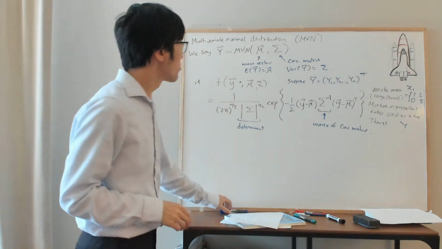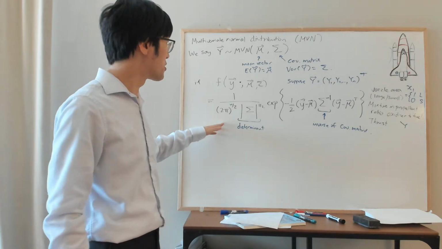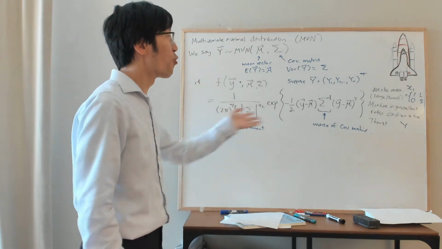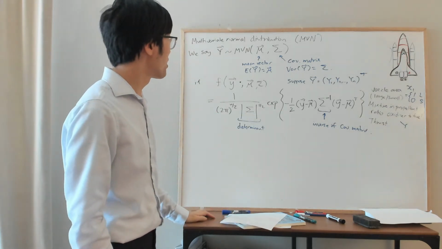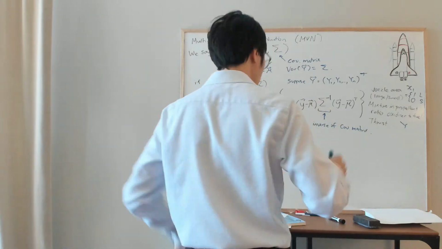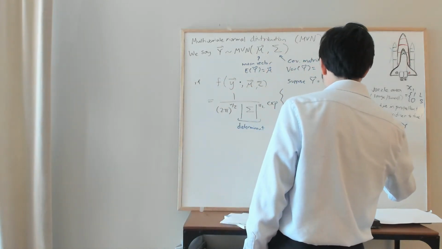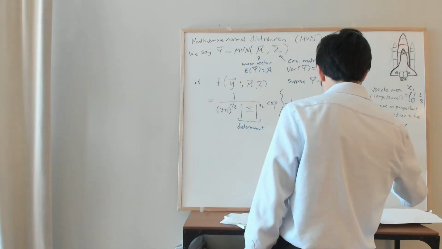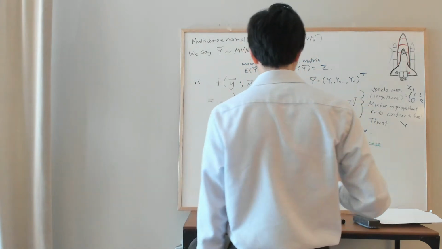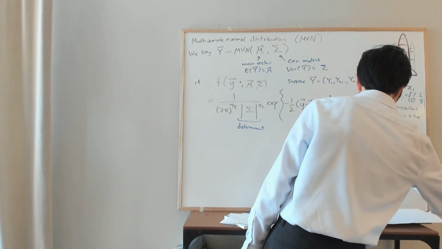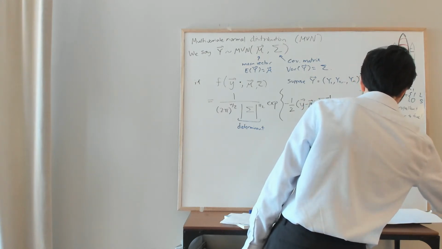The reason I write it in this way is that you can see this is entirely analogous to the form of the density function of a normal random variable. So I'll write here, compare to the 1D case. I'll just write it so you see the connection. If y is normal, remember it looks like this: 1 over root 2 pi sigma, and e to the minus y minus mu squared over 2 sigma squared.